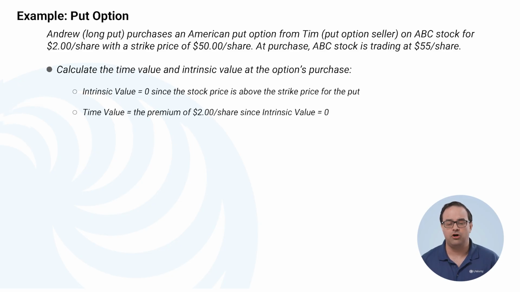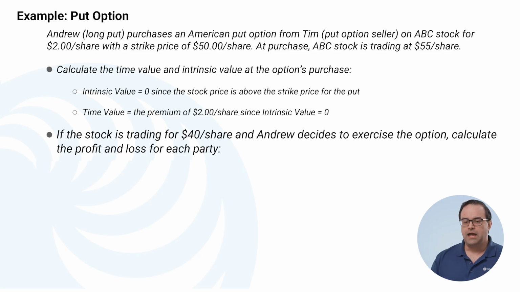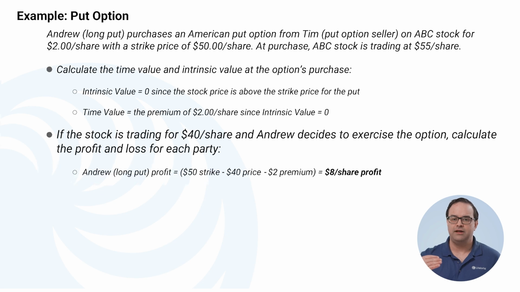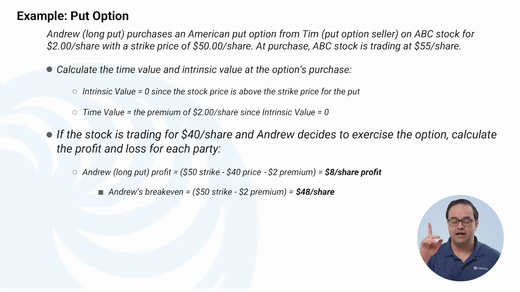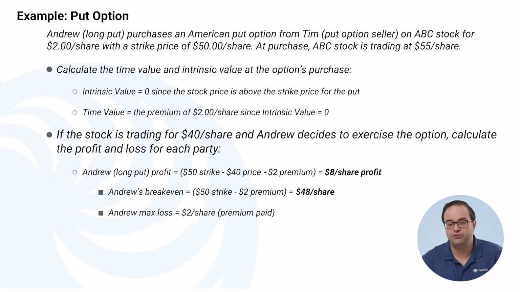If the stock were to fall to $40 a share and the portfolio manager exercises the option, it's now $10 in the money. For a put, it's the difference between the strike and the price of the security, which would be $50 strike less $40 a share on ABC stock. That's a $10 profit less the premium that the portfolio manager paid, which is $2.